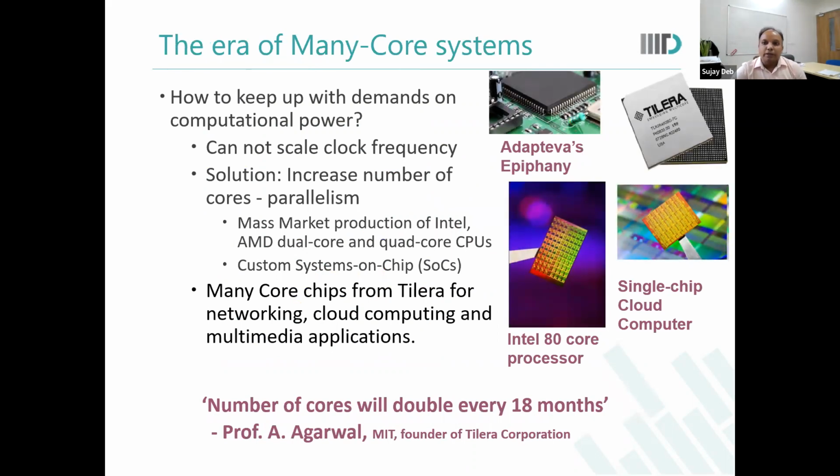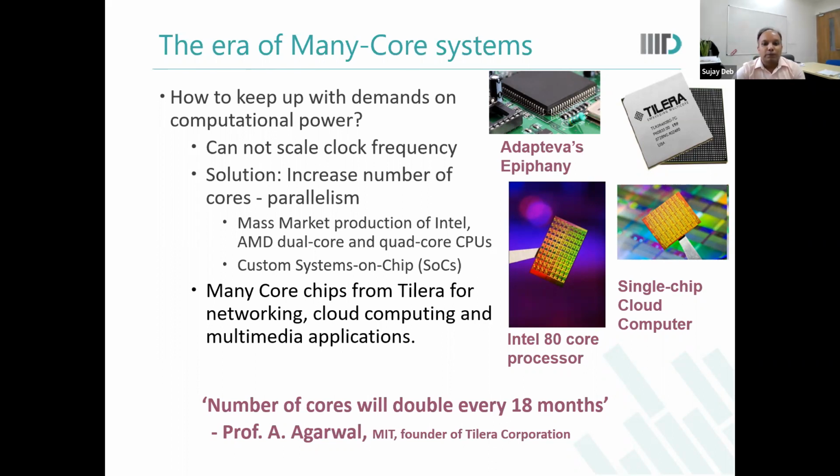So we are in this era of multi-core, where to keep up with the demand for computational power, instead of one core operating at a very high frequency, we have multiple cores operating at a relatively low clock frequency. This has been widely adopted by the commercial space as well as the research domain.